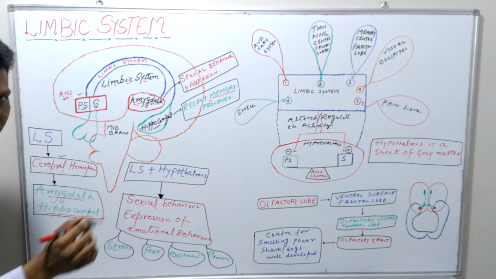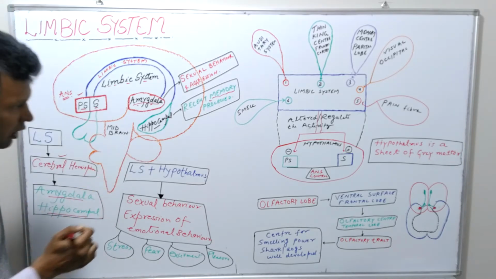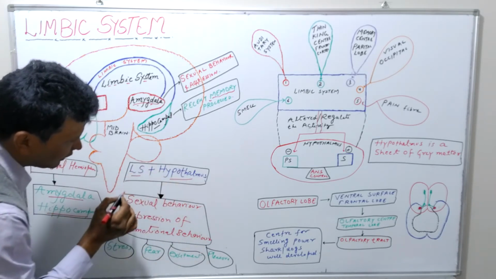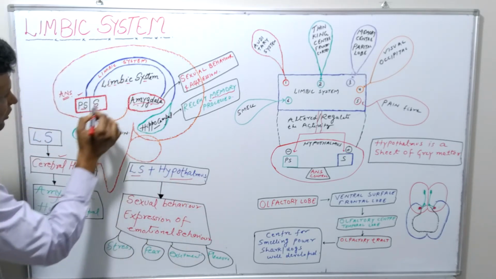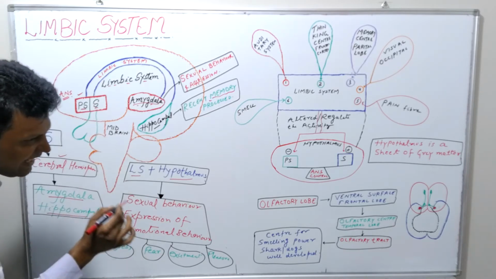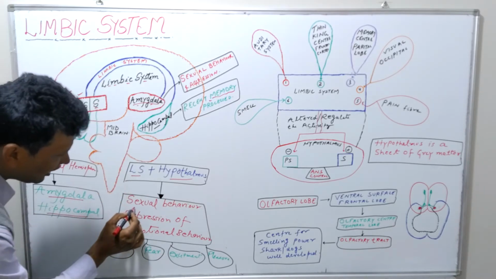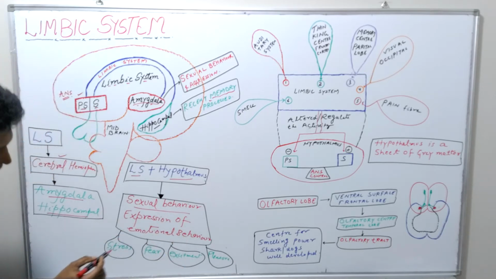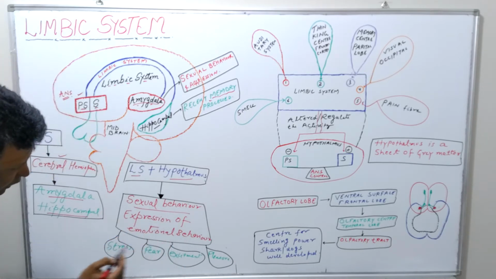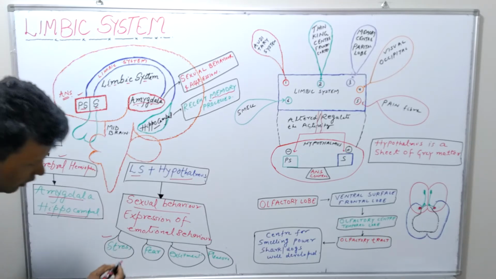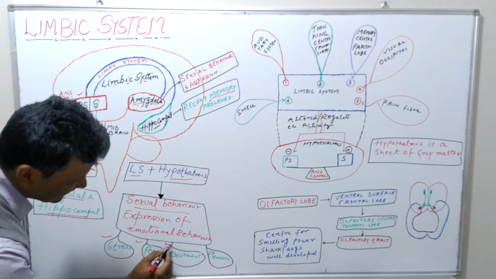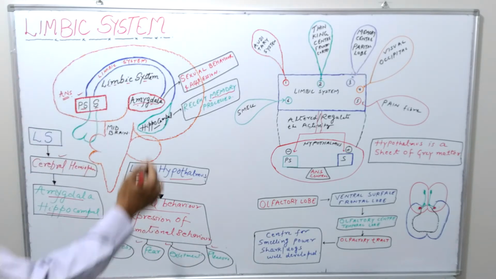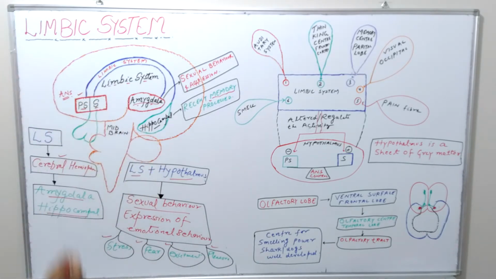It means that in a nutshell, you can say that the limbic system and hypothalamus are both dealing with sexual behavior and expression of emotional behavior. And this sexual or emotional behavior may be like stress, fear, excitement or pleasure. So this is your limbic system.